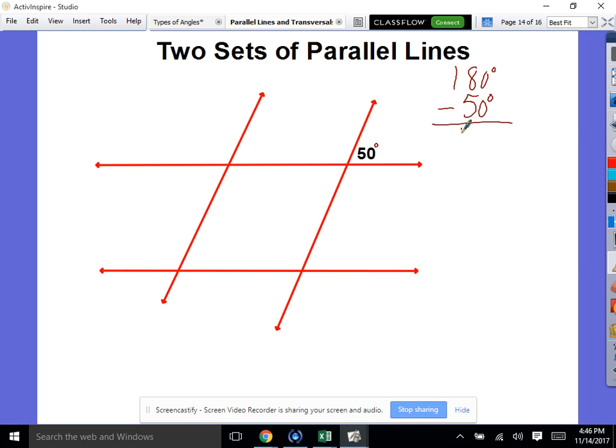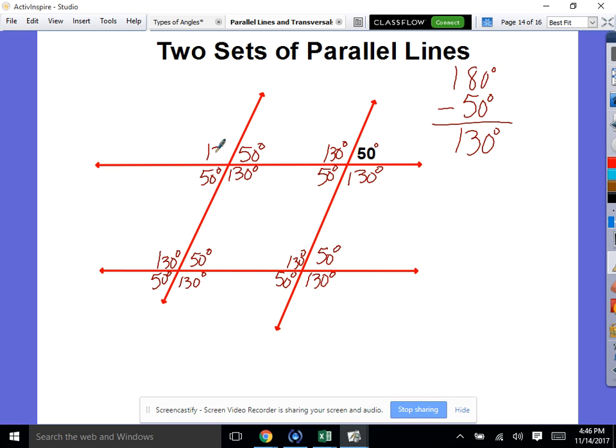So 180 minus 50 is 130. So 50, 130, 50, 130, and so on around all the angles.